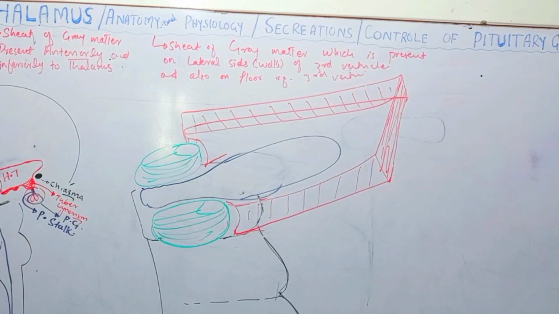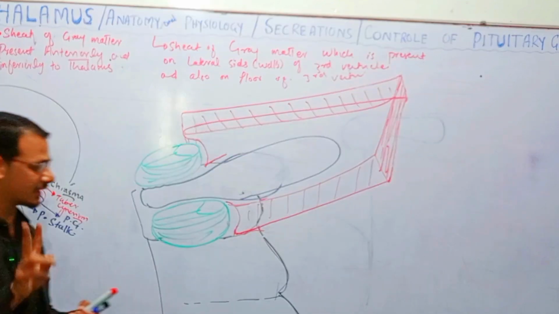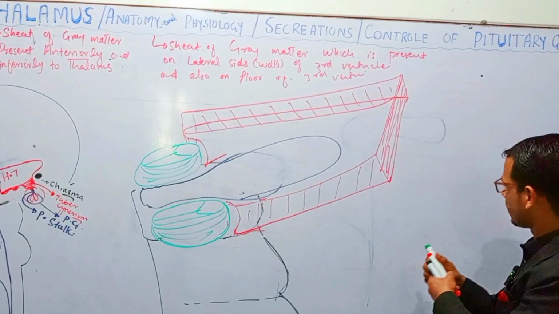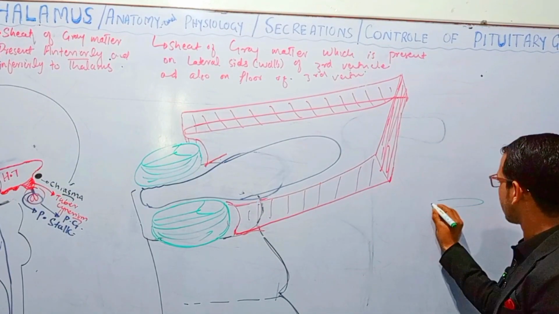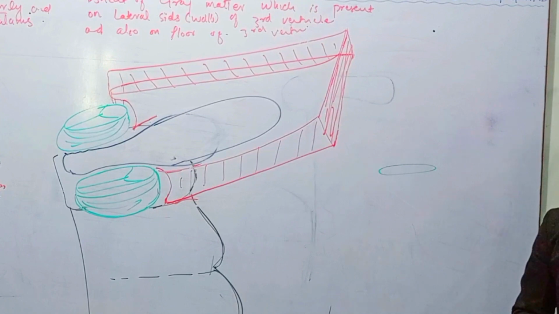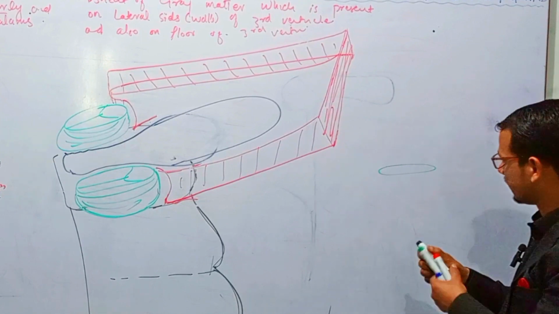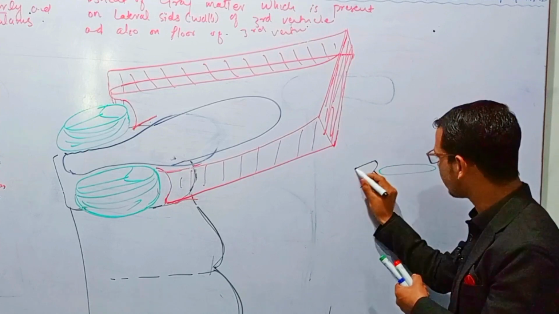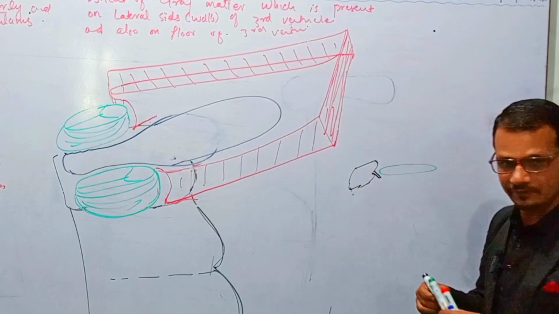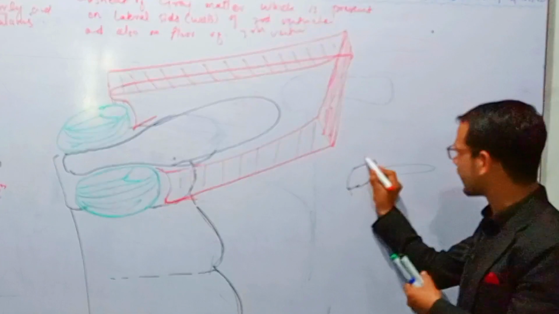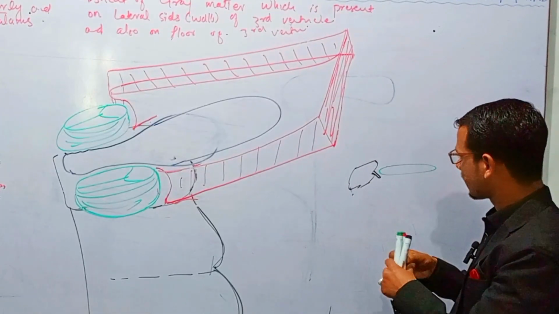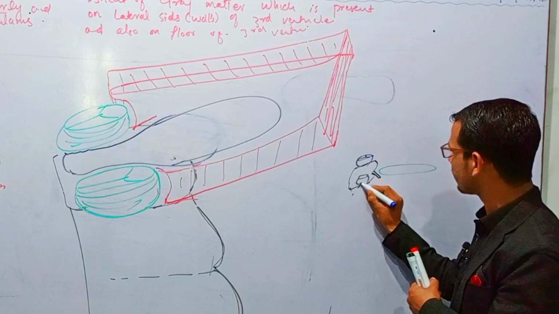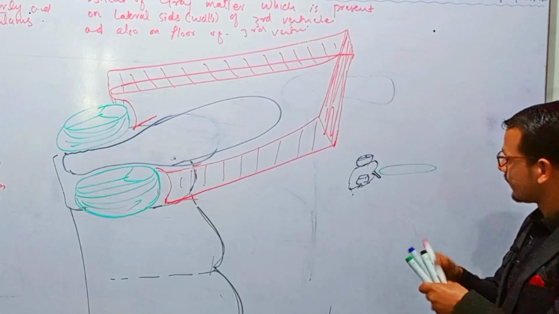If I want to make this diagram very simple and short, for example, this is the third ventricle, right? And this is the mid brain. This is one thalamus and this is another thalamus.